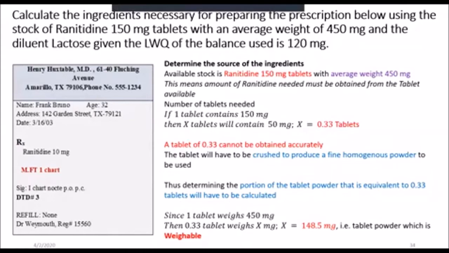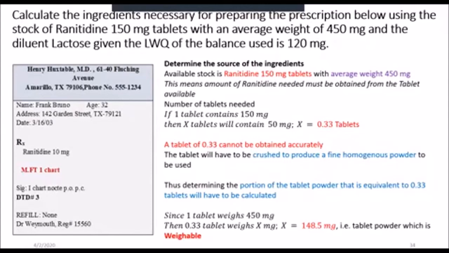So it is very rare that you will find a tablet having only the active ingredient. So therefore, even though we are talking about 150 milligram ranitidine tablets, the average weight is 450 milligrams, which indicates that it is not only the active ingredient that is in this tablet, but there are other things, and those other things are excipients.